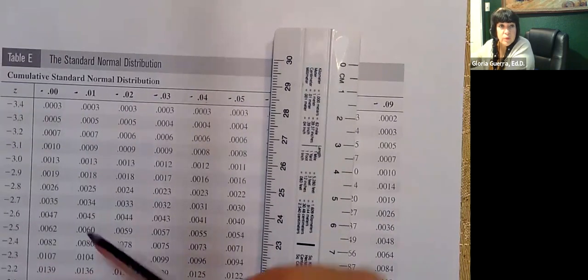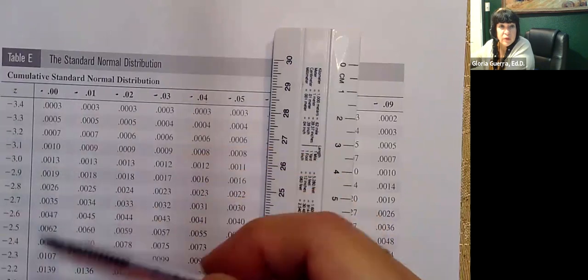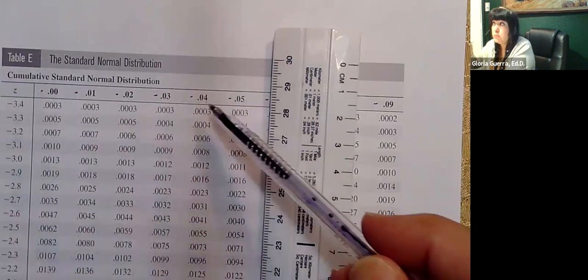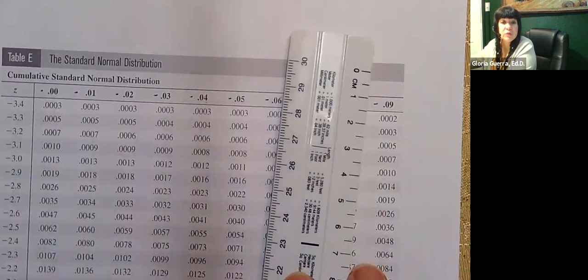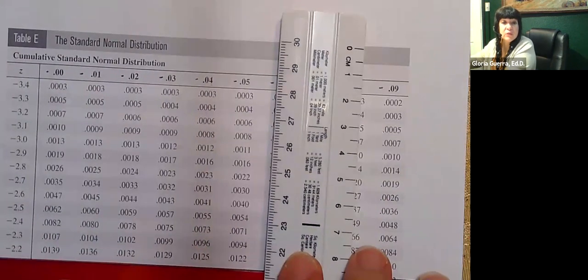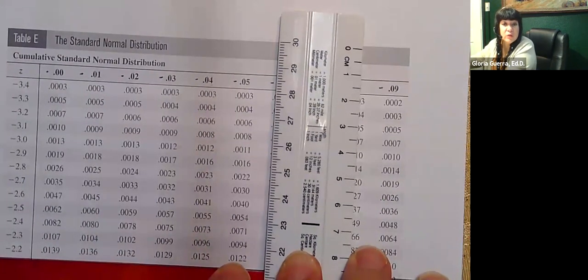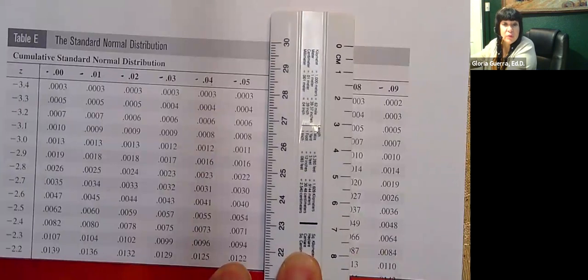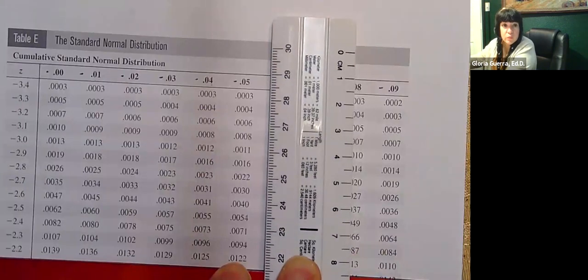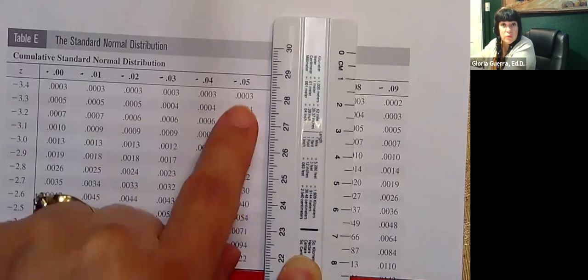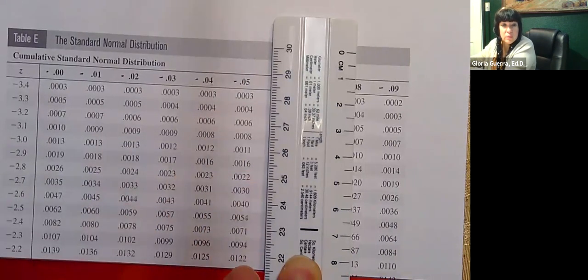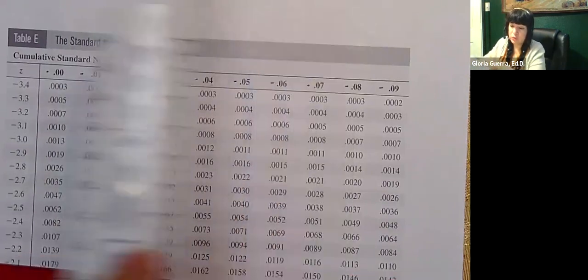Remember, these are negative, so I like to put little negatives on mine. Negative 2.2, it looks like it's this right here, 0.0122. There's negative 2.2 right here, and then the negative 0.05. So that's 0.0122.